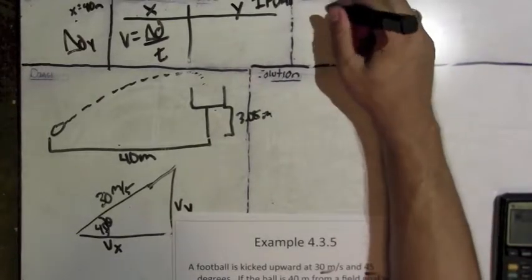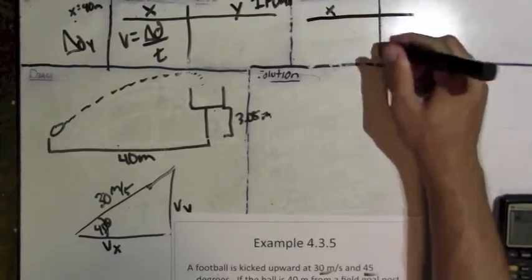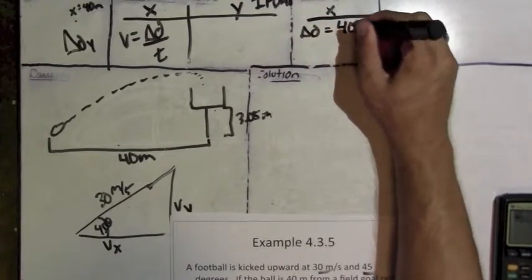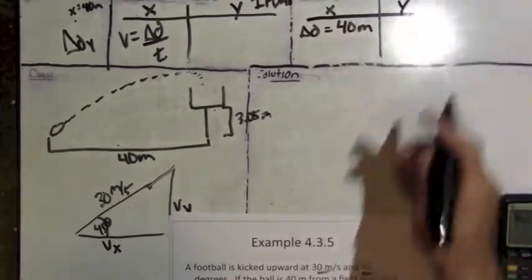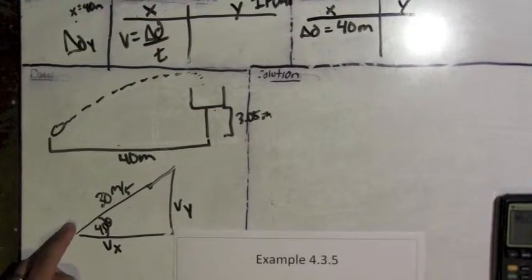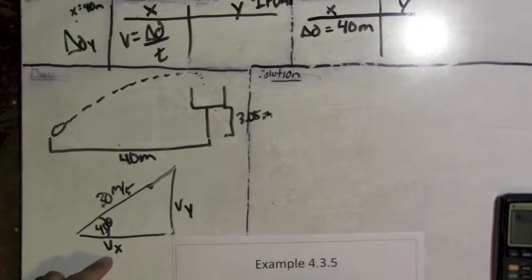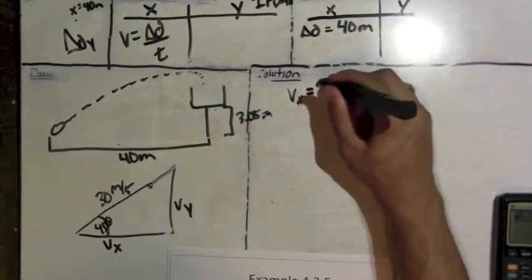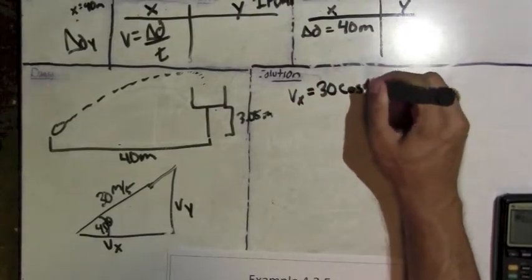We are given, in the x direction, the distance. The distance is 40 meters. We are also given the overall velocity, which allows us to calculate the velocity in the x direction as Vx equals 30 cosine 45.